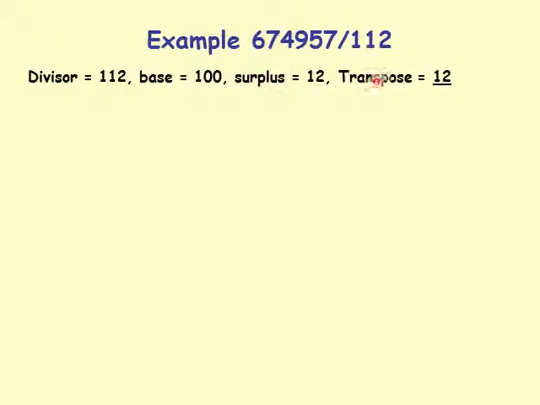And the transpose of the surplus is negative 12. Let's continue. A two-step division: 100 is the base number we have chosen, and the other factor is 1. So we first divide by 100, then we divide by 1 and make any adjustments we need to make.